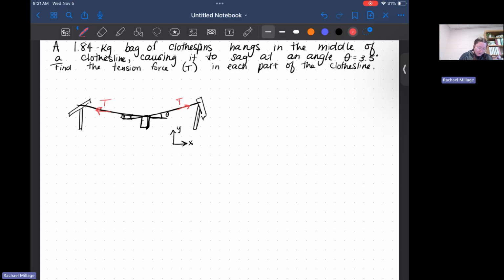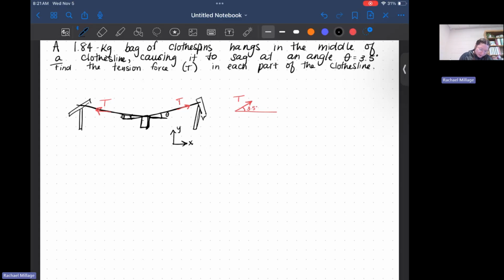And you can tell it's running at an angle. That angle is 3.5 degrees. So now we have to figure, how much of that tension is going to be in the Y direction, and how much tension is going to be in the X direction.